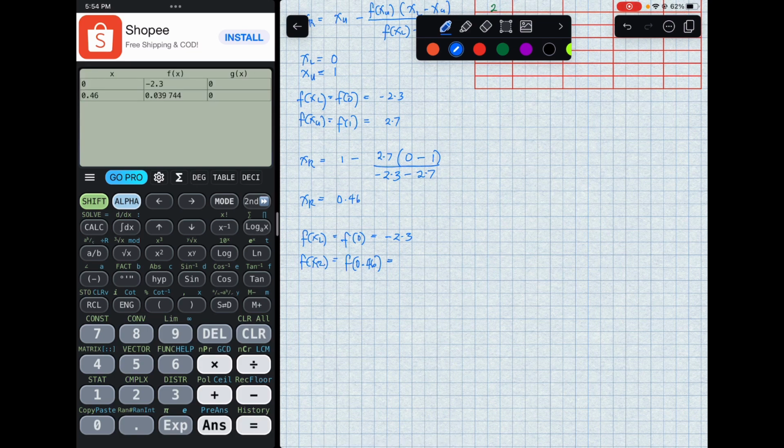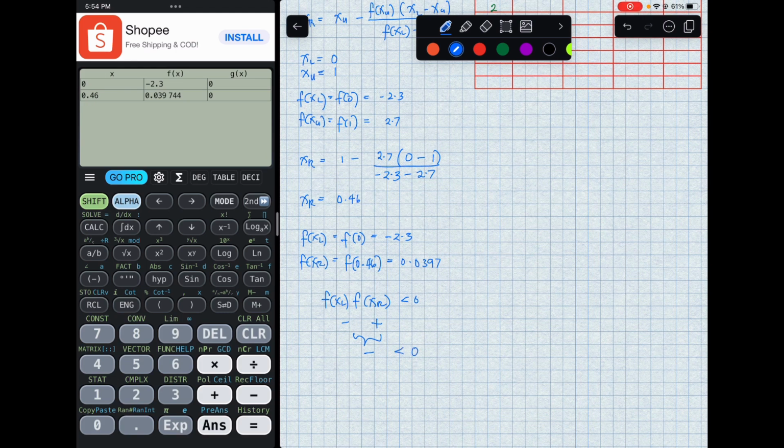So f of 0.46 is approximately equal to positive 0.0397. Okay, so as we can see here, we check the same thing. The lower interval, f of x sub L multiplied by f of x sub r, should be less than 0. f of x sub L is negative and f of x sub r is positive, so the answer would be negative.